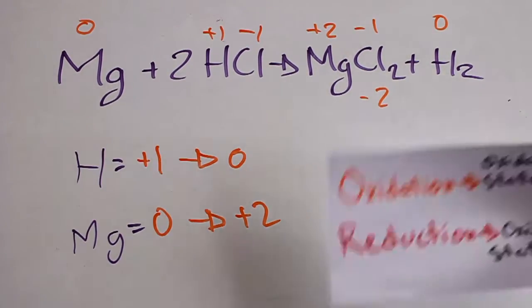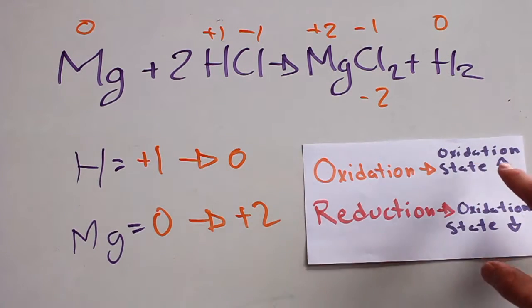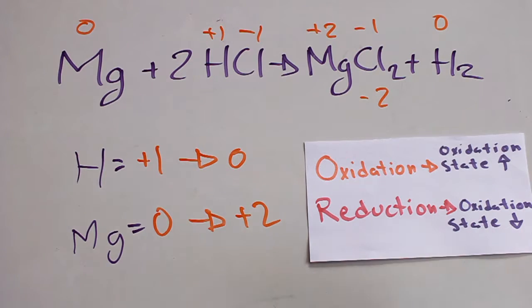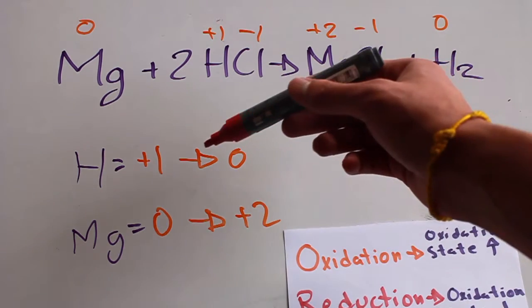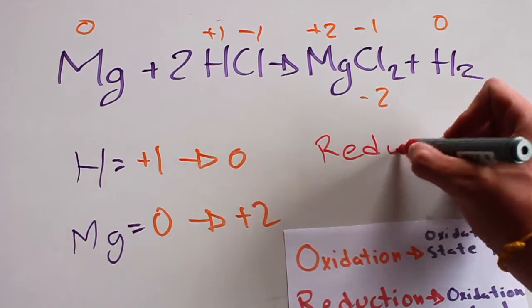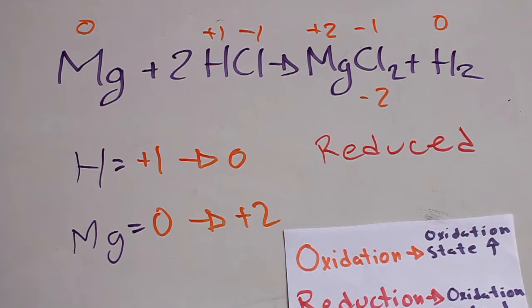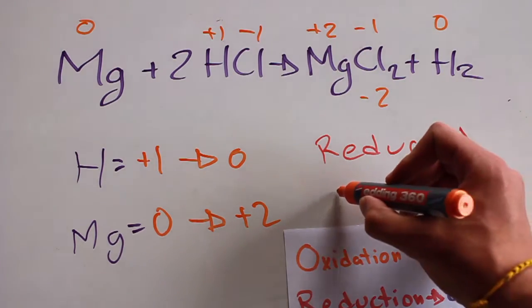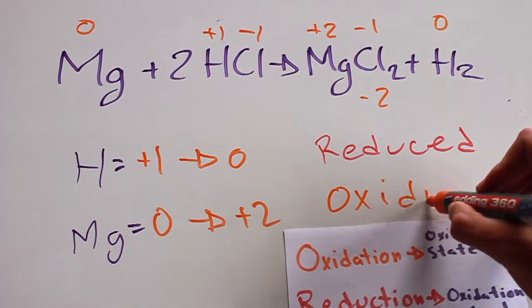If we look back at our rules, oxidation occurs when the oxidation state increases, and reduction occurs when the oxidation state decreases. For hydrogen, the oxidation state went from +1 to 0, meaning hydrogen was reduced. And for magnesium, the oxidation state went from 0 to +2, meaning magnesium was oxidized.